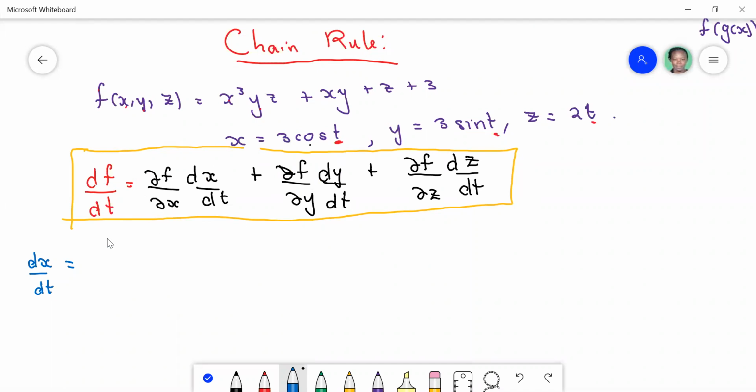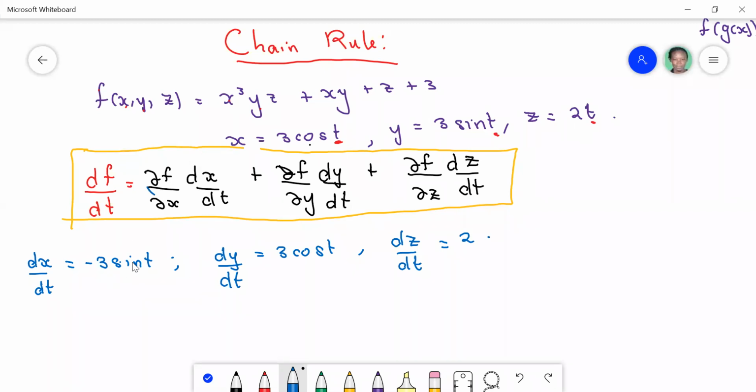So I have negative 3 sine t. Then dy/dt: if you differentiate sine, you get cos, so I have 3 cos t. Then dz/dt is going to be equal to what? 2.